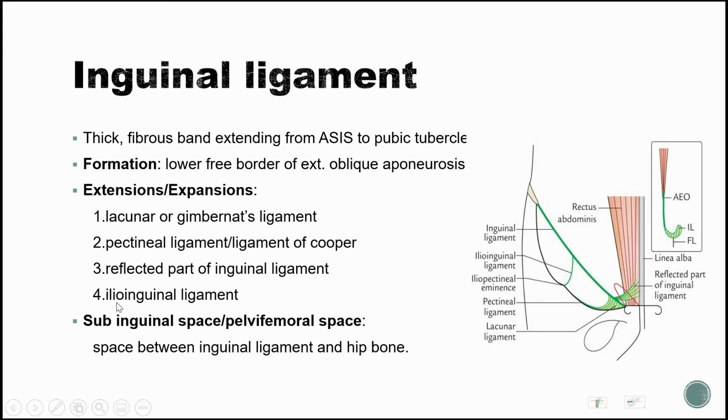So the final extension is the ilioinguinal ligament. Again, from the name itself, we can understand that it is attached to the ilium. So the ilioinguinal ligament arises from a fibrous band extending from the inferior aspect of the inguinal ligament and gets attached to the iliopectineal eminence again, same as the pectineal ligament.